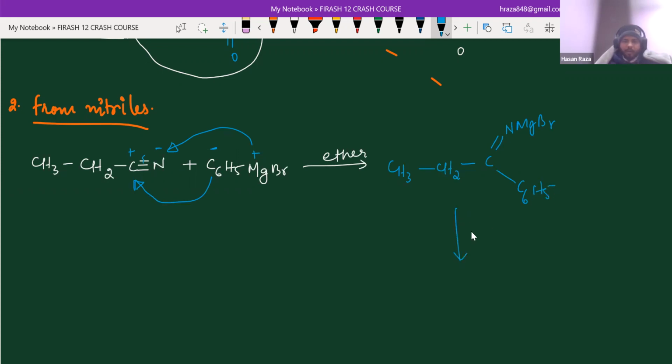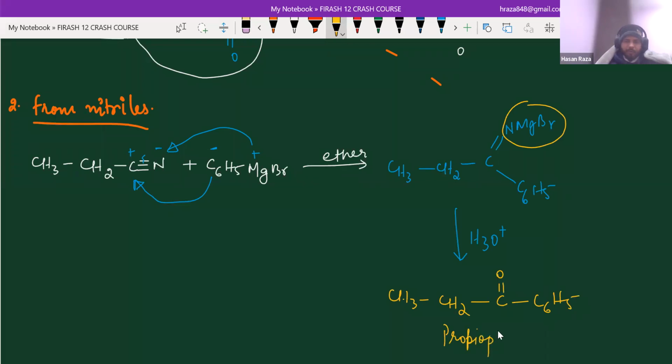Now what will happen? You are going to do the hydrolysis. On hydrolysis, this part will be eliminated and oxygen will be added there. So here is what you will get. This way you will get the ketone, which has the name propiophenone. Propiophenone is a common name.